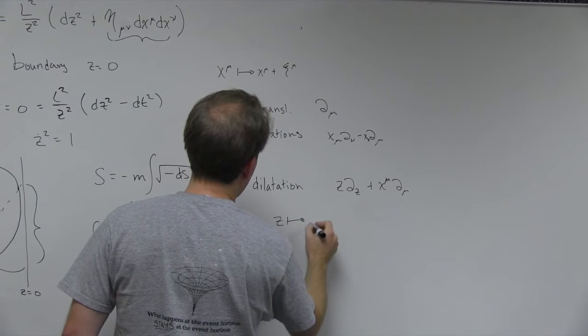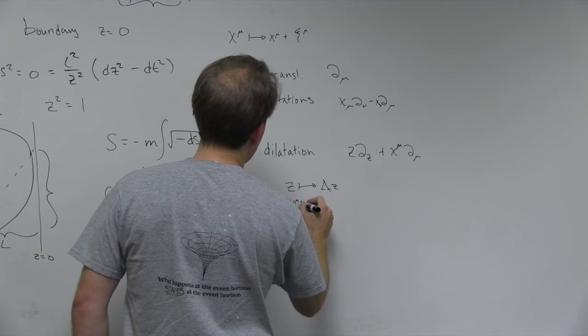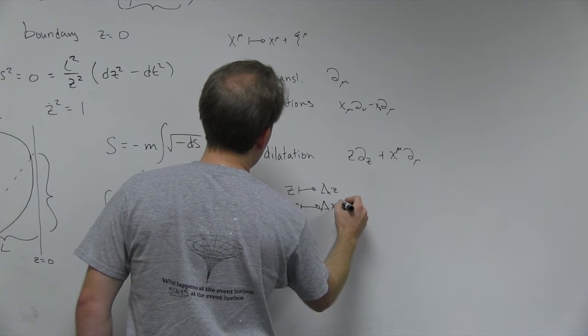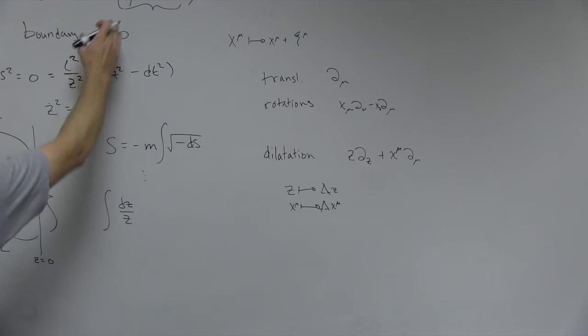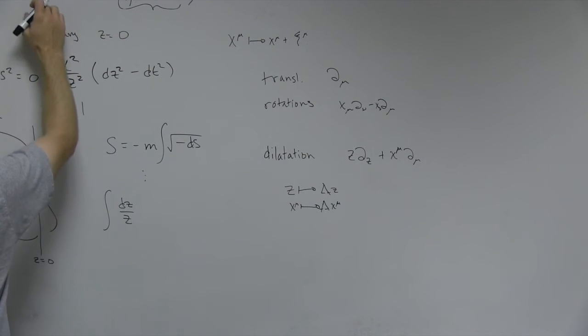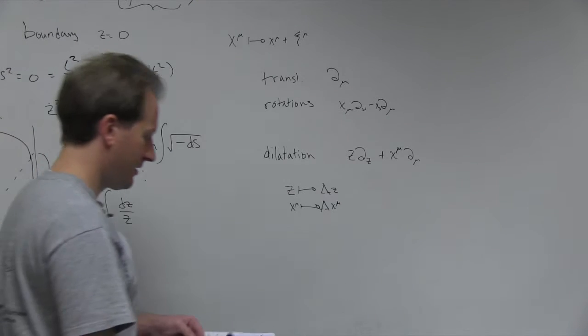The finite version would be you take z to some constant lambda times z, and you take x mu to lambda x mu. And then you can see that overall this whole thing gets a lambda squared out front, but then because there's the 1 over z squared, that cancels out. Okay. Leaves the metric invariant.